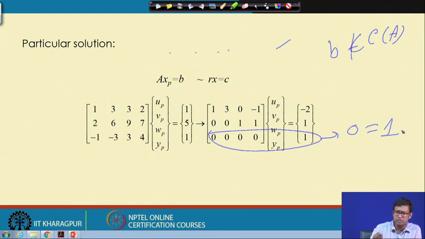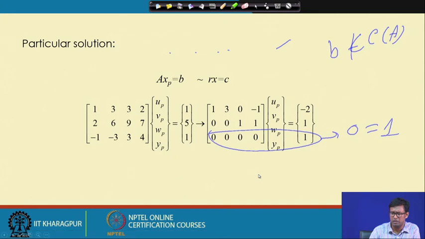If we see the last example, in the last row this term was 0. So, 0 is equal to 0 was an equation of no use, we discarded it. Here the equation is not of no use. If the left hand side is 0, the right hand side has to be 0. As the right hand side is 1, this is an absurd system, we cannot solve these equations.